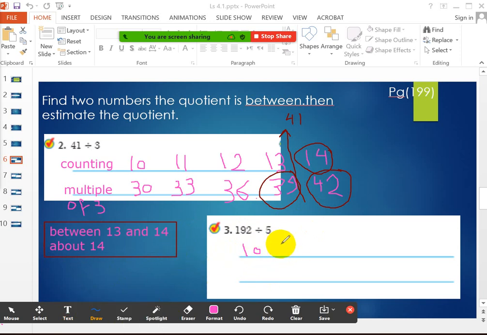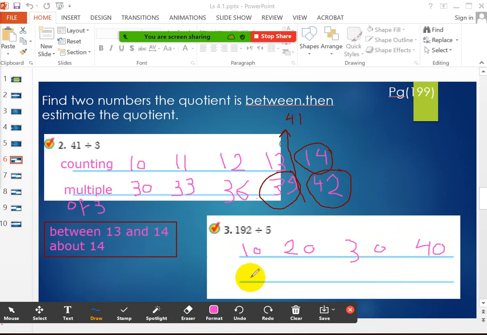After that, I will choose 20. So I will choose tens numbers because the number that I want to divide is a hundreds number. So 10, 20, 30, 40.